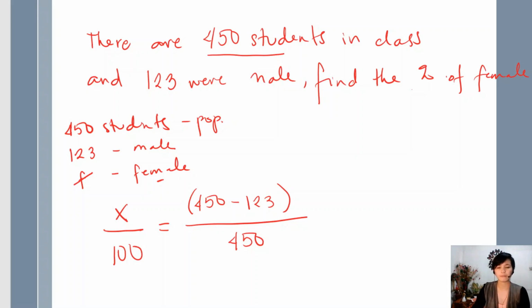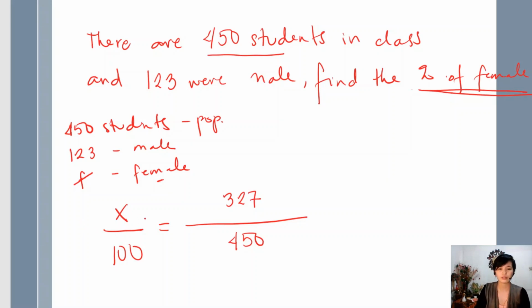So 450 minus 123 is equal to 327. 327 divided by 450, so that we find the percentage only for female.